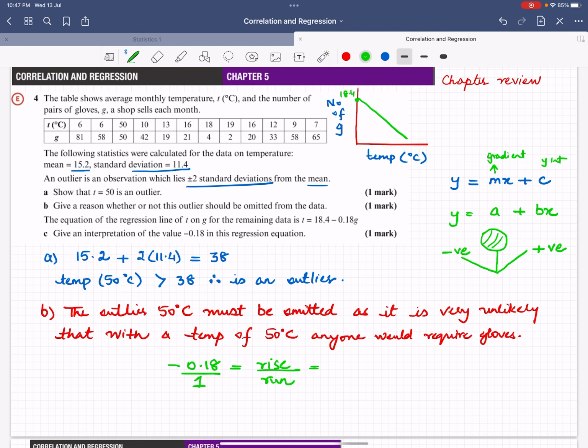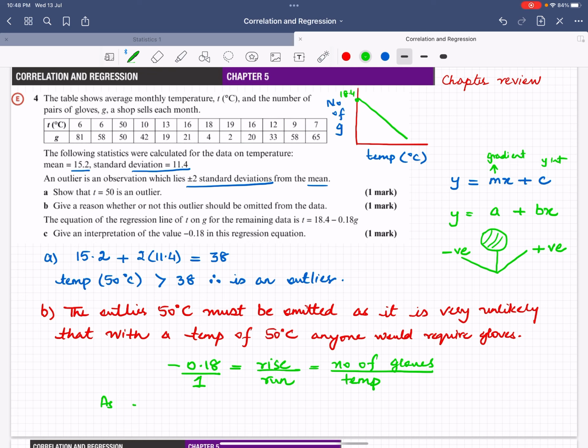So let's write that: number of gloves and temperature. As the temperature increases by 1, because the run is the temperature, the number of gloves reduces by approximately 0.18, and that is the interpretation.